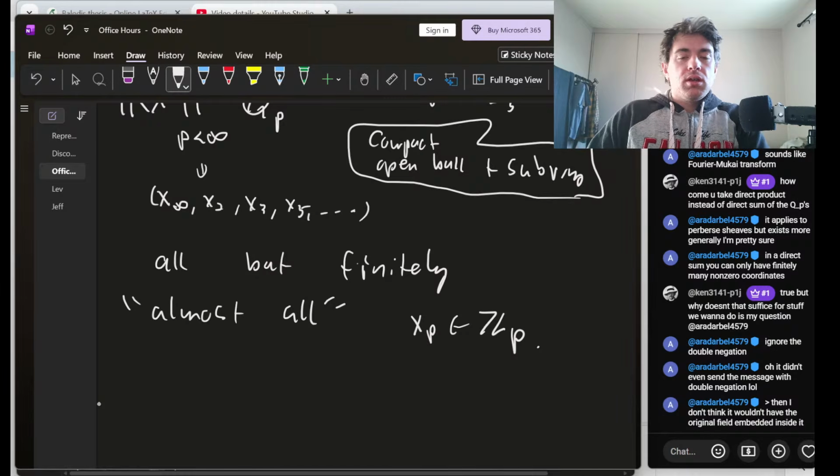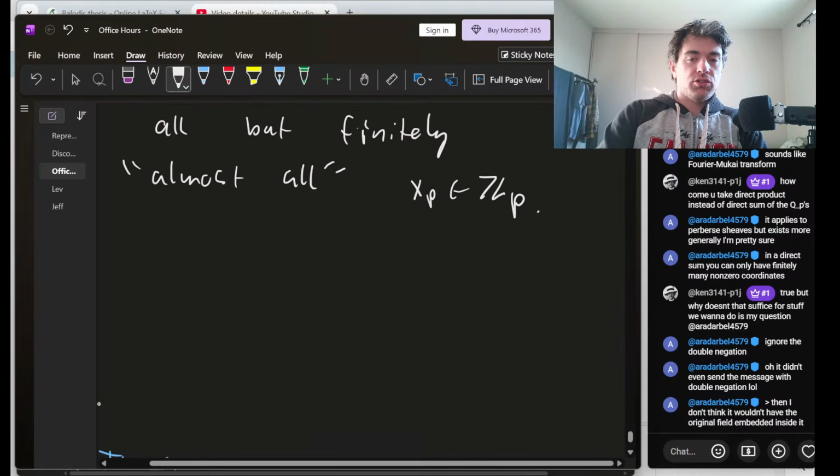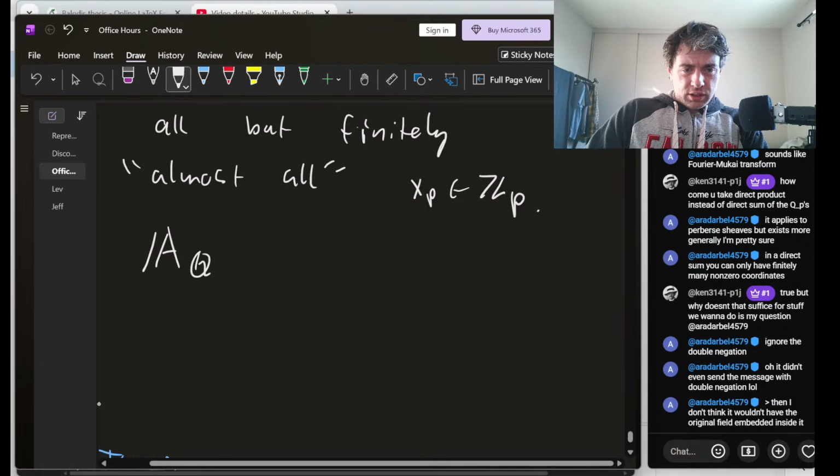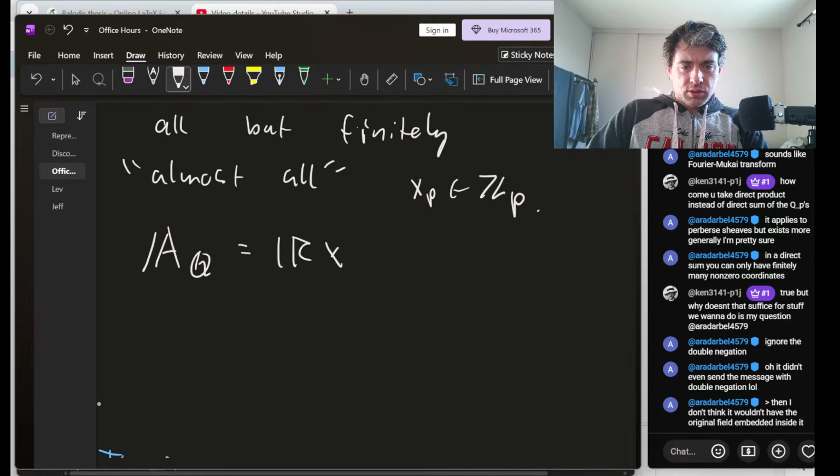So if you do that, that's the fix. And so now this thing is locally compact.